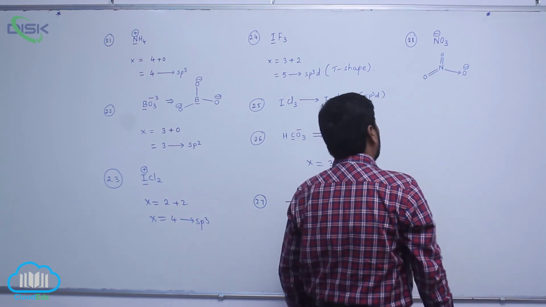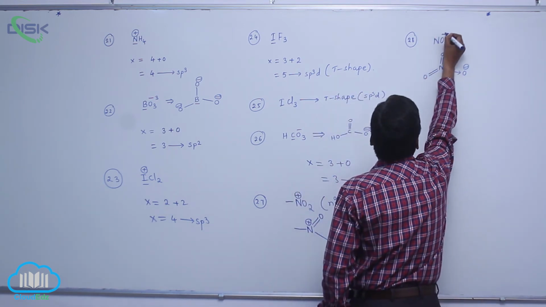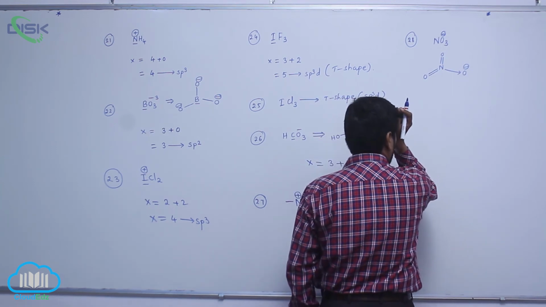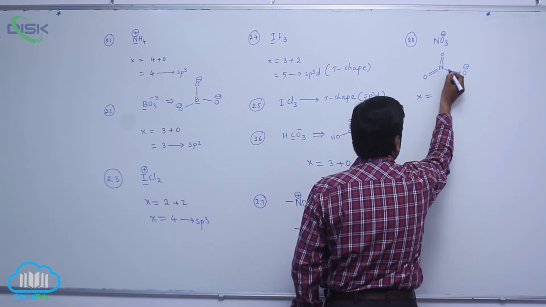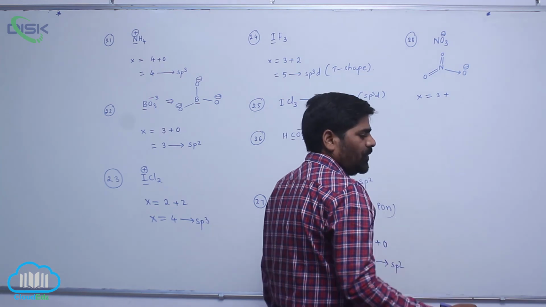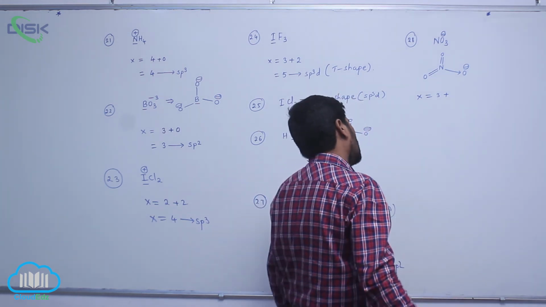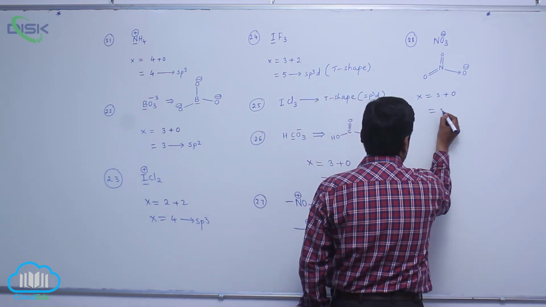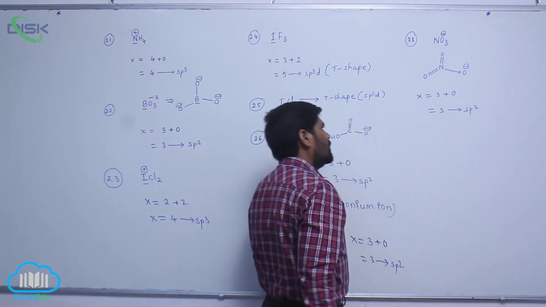Negative charge is present on oxygen. Number of sigma bonds x equals 1, 2, 3, plus nitrogen belongs to the fifth group, around bond is also 5, no lone pair of electrons, 0. So therefore it also belongs to sp2 hybridization.